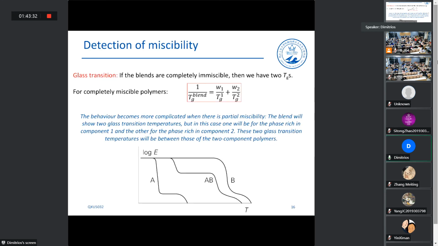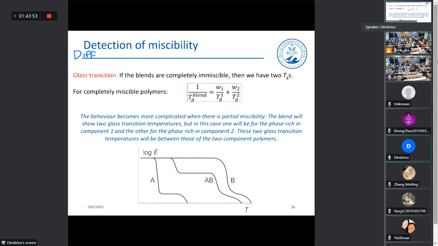Now, how do we detect miscibility? Okay, we know that we mix two polymers, and how do we detect miscibility? Well, the simplest case of detecting miscibility is by evaluation of the glass transition temperature. And how did we say that we mainly look upon the glass transition temperature?